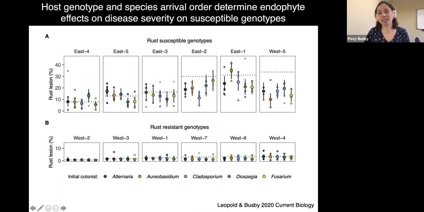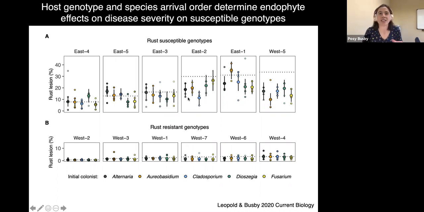Next, we also see evidence that immigration history is important for disease outcomes, but this also varies by genotype. For an example, we can look at Aureobasidium in orange here, where in East 1, in this genotype, Aureobasidium has no effect. When this member arrives early, there's no effect on disease outcomes, but in West 5 and in East 2, if Aureobasidium arrives first, we see a disease reduction.